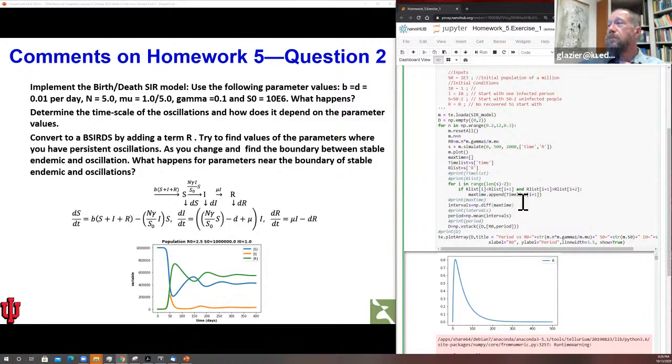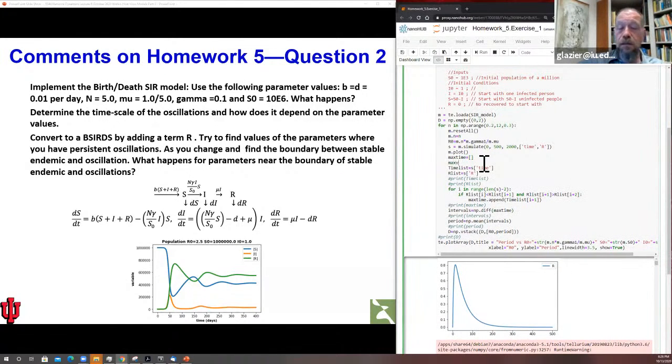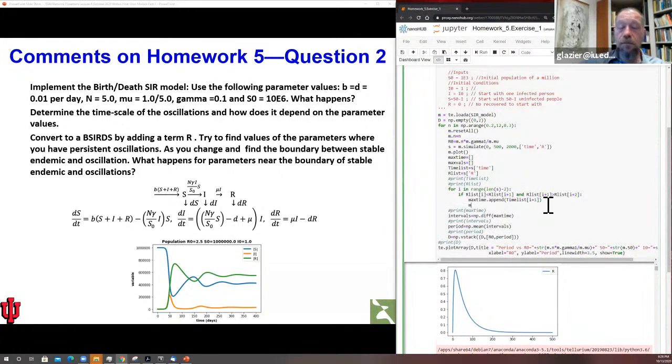We have time list, which is the times. Let us also calculate, sorry, max time. Let's do max values. And we'll now do max vals dot append R list square bracket I plus 1.